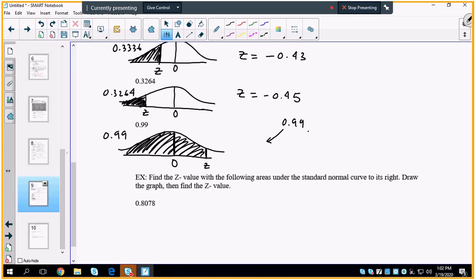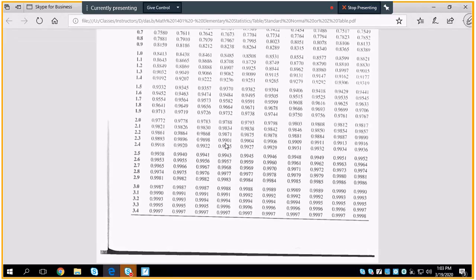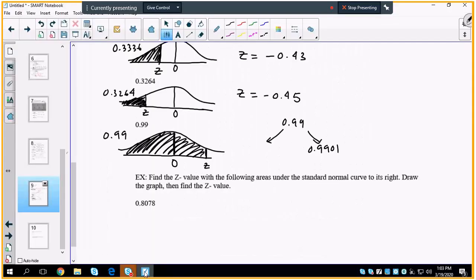You got two different z-scores. You got 0.9901 on the right, and you got the left z-score 0.9898. I need both of them.